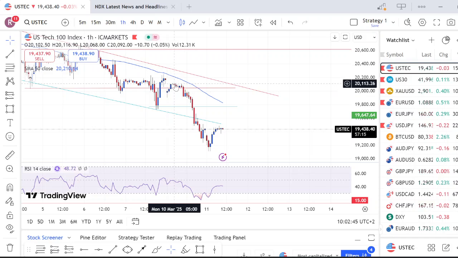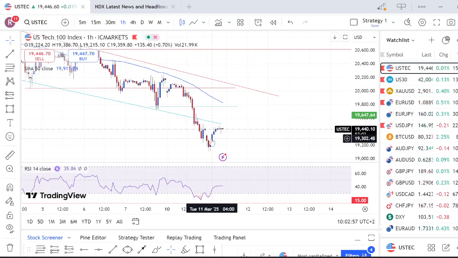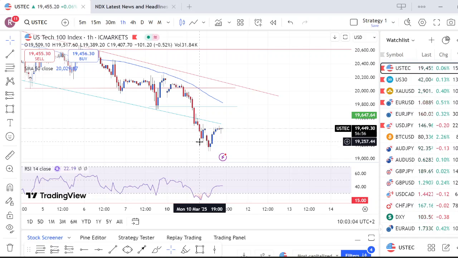It closed said gap, and then at around 10 o'clock yesterday on Monday, we had price with a huge bearish break and a continuation of that bearish momentum all the way down to 19,250.